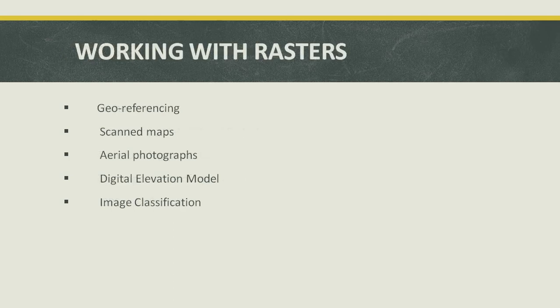The next thing is a very important thing. We are going to work with raster imageries. We will discuss what the major benefits of raster imagery are, how we can acquire raster imagery, what the major sources are, and we will also discuss the resolution of rasters because resolution plays an important role in precise and accurate results.